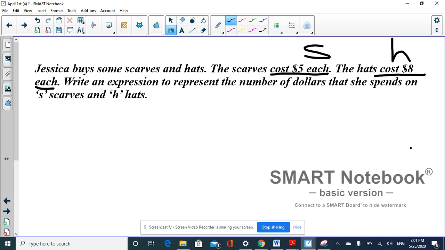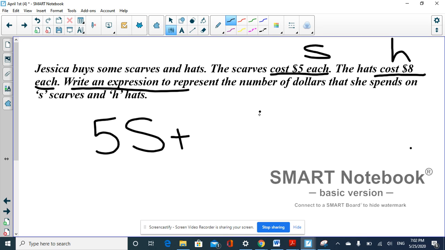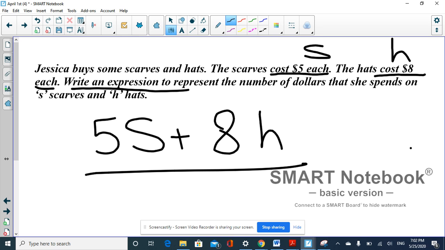An expression here means don't put an equal sign, to represent the number of dollars that she spends on scarves and hats. How many scarves do we have? S, and each one costs 5. How many hats do we have? H, each one costs 8. This is the total amount of money.